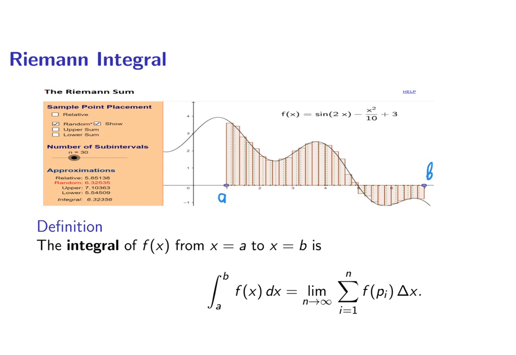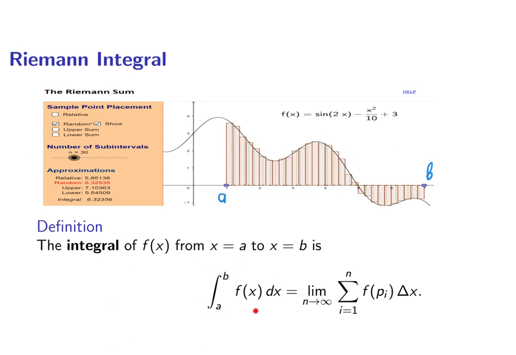Okay. Now, the integration is from x equal a to x equal b. These two numbers are called the lower limit of integration and the upper limit of integration. The word limit here has nothing to do with limits from calculus 1. These are just boundaries of our interval a b.